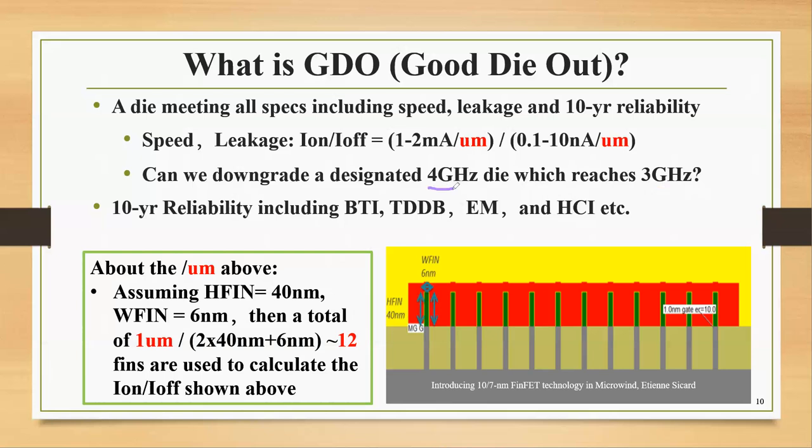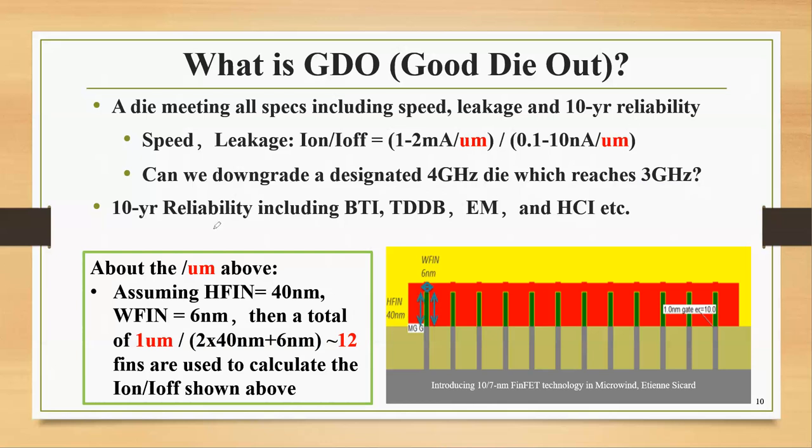Even if they say, I'm reasonably good, you asked for 4 gigahertz but I give you 3 gigahertz, and maybe I could give some discount, it doesn't work. Unfortunately, it does not work in this semiconductor world. So this reasonably good die will become a keychain, because it cannot meet the goal of 4 gigahertz. That's how harsh the requirement is for a foundry to generate a good die.